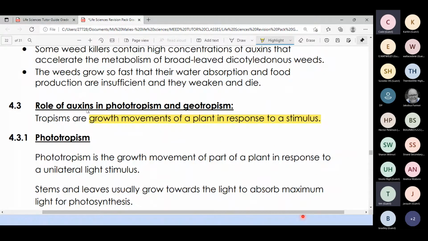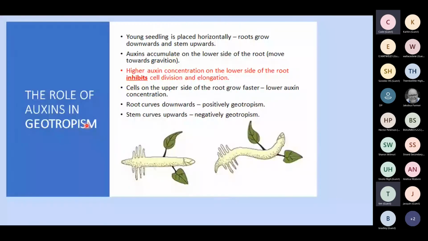You must be able to know the role of auxins in phototropism and geotropism. Now the first one I'm going to do is geotropism. That's at the bottom of phototropism. Geotropism is a growth movement of plants in response to a gravitational stimulus.